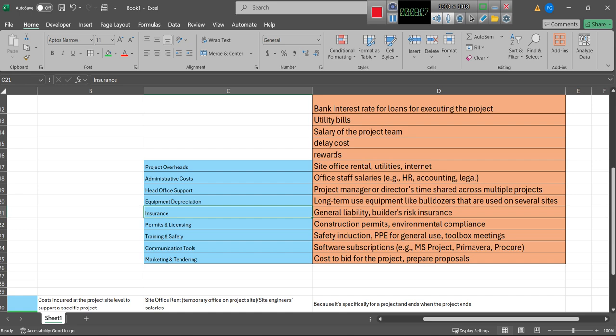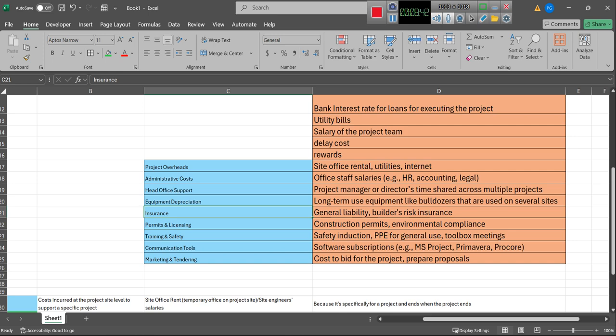Permits and licensing: construction permits, environmental compliance, and sometimes your company gets a license. Training and safety induction: you have a platform you pay for, PPE for general use, toolbox meetings. Sometimes you outsource and bring somebody in to train your staff, so it goes as an indirect cost.